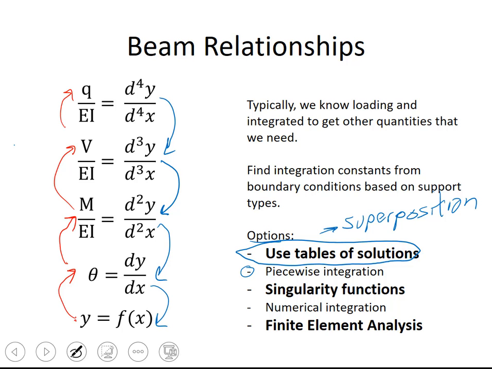Then we could go to the singularity functions, which makes a lot of this a little easier because we could write one equation for the whole value. And we're gonna do a little bit with that. We'll cover that in some separate videos and discussion. Numerical integration is great because it's so easy to set up. It's very quick to set up a numerical integration in Excel.